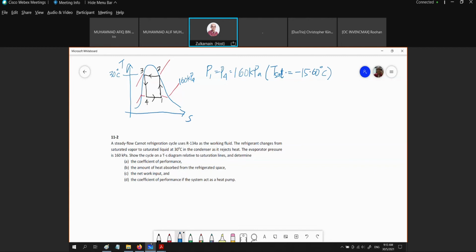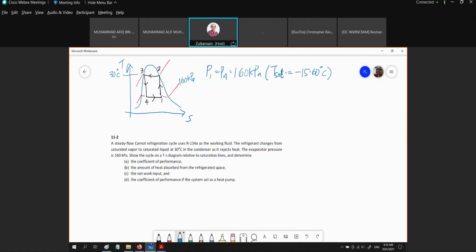As far as the reverse Carnot is concerned, we need to get the temperatures. So in part A, we don't need to prove what states 1, 2, 3, 4 are, because for a reverse Carnot cycle, what we have learned is that it must be a rectangle type of cycle, and those points or states must be on the saturation line. This is what we have sketched.